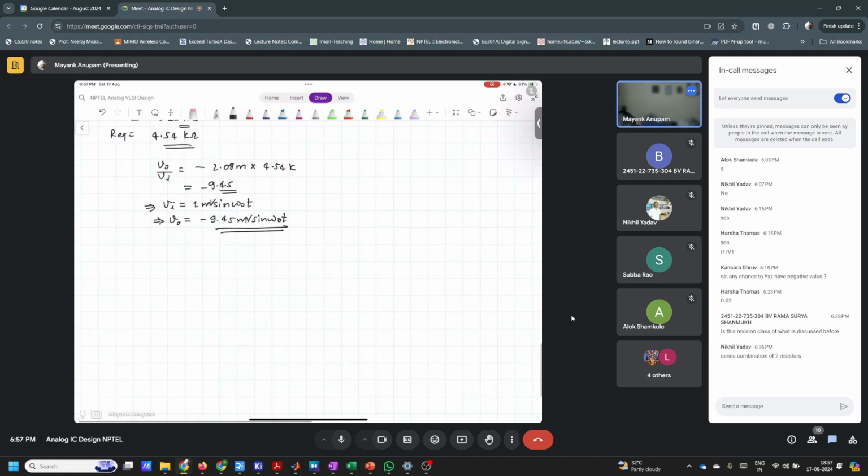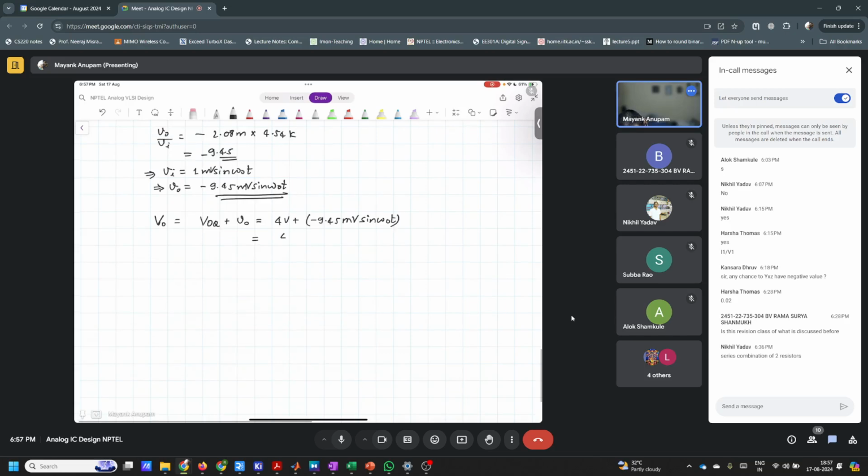So the total output voltage is VOQ plus Vo, which will be 4 volts plus minus 9.45 millivolts sine of omega naught t. Yeah, so this is what it will be.